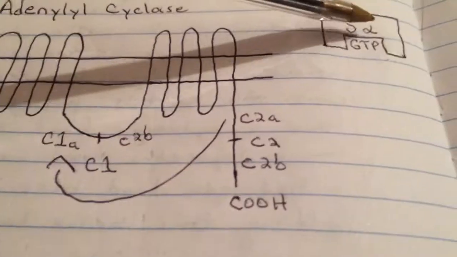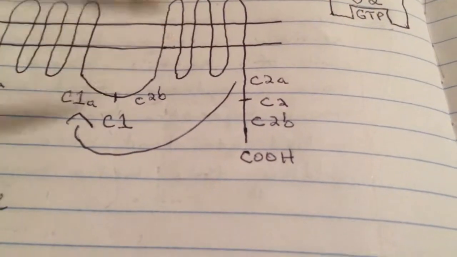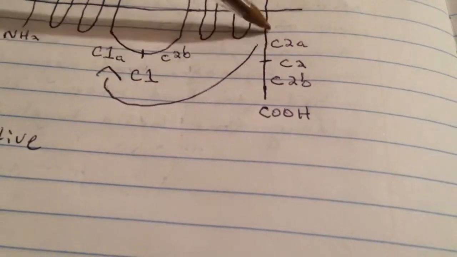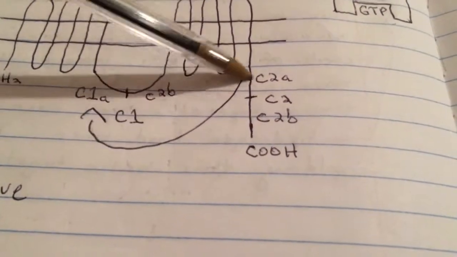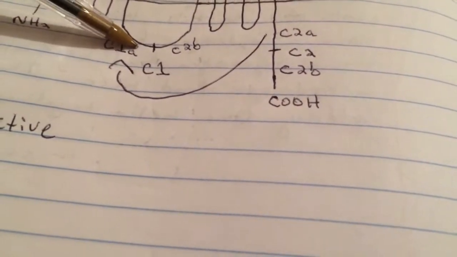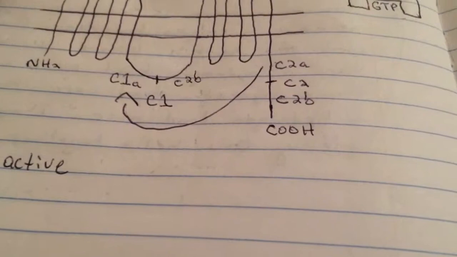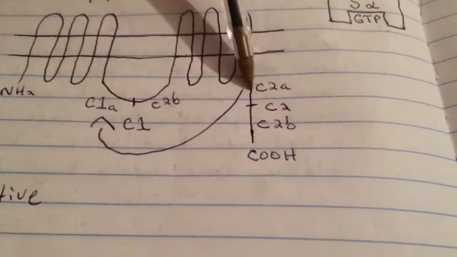When this S-alpha GTP comes over and gets wedged in between here, it's going to loop this linear portion around, and C2A is going to bind with C1A. So there's a dimerization. It's almost like a clamp, like a jaw shutting.